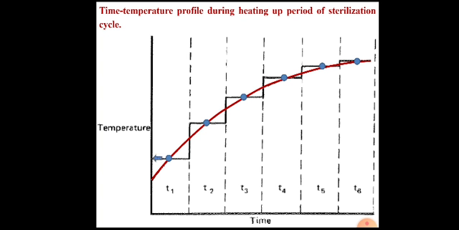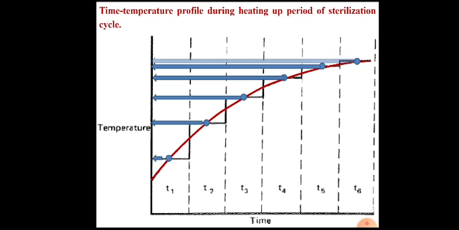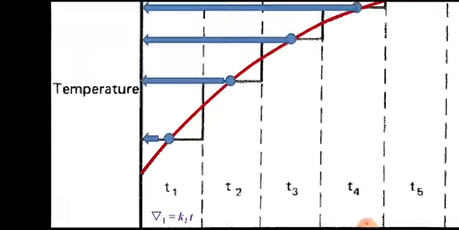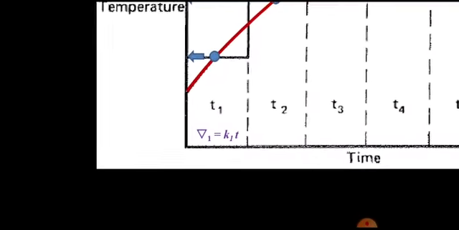So likewise, these are the temperatures which are to be recorded for each time increment. And then you can calculate the Del factor. Del 1 will be equal to K1 t. K1 is the specific death rate at this particular temperature.